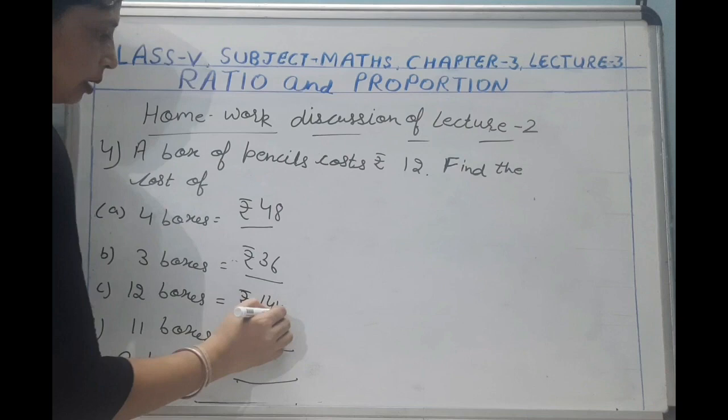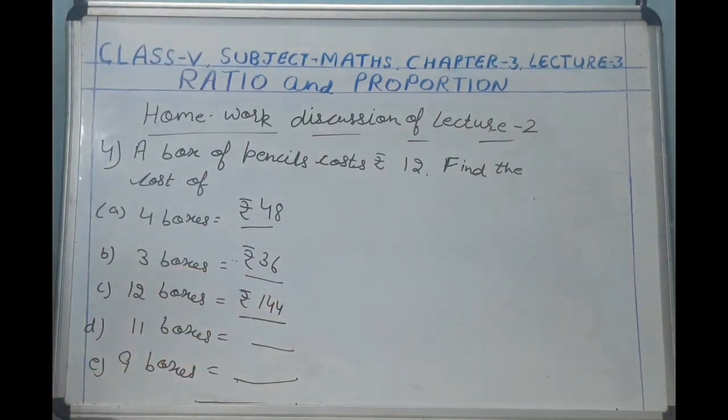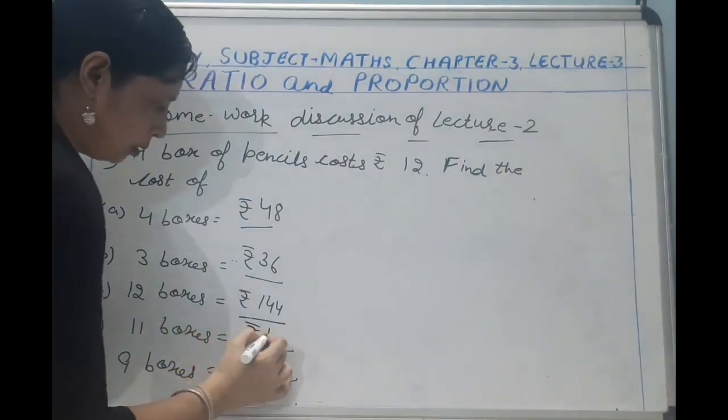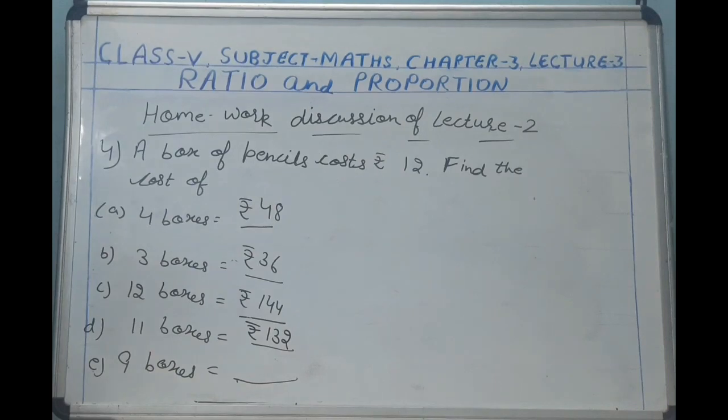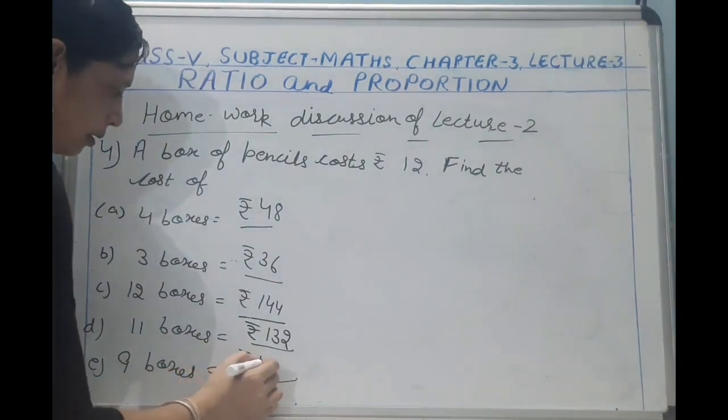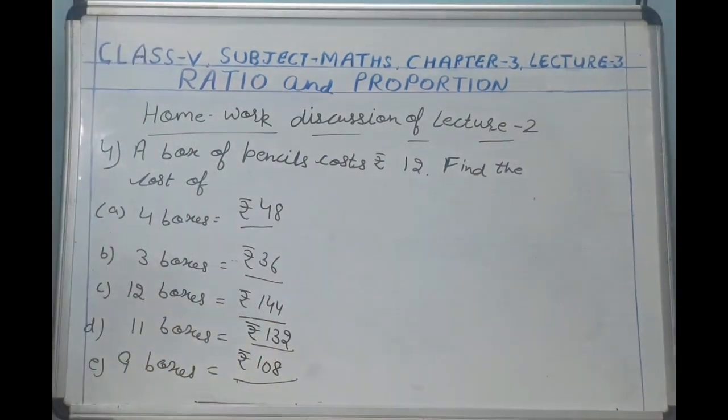I think you have done multiplication in your rough columns, right? Next is 11 boxes: 12 11s are 132. If you can't find it directly, you can do multiplication in the rough column. 12 9s are rupees 108. In this way you have to give your answer.